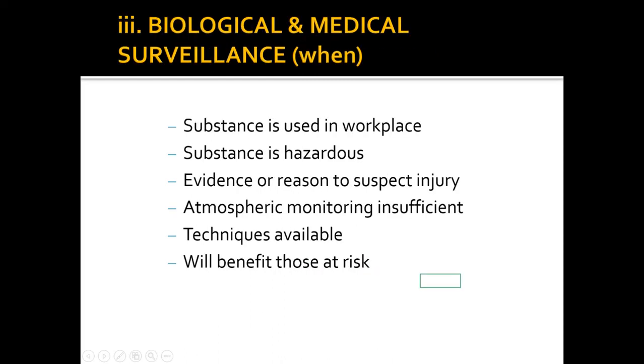For the biological and medical surveillance, when a substance is used in the workplace, the substance is hazardous, there is evidence or reason to suspect injury, atmospheric monitoring is insufficient, techniques are available, and it will benefit those at risk.